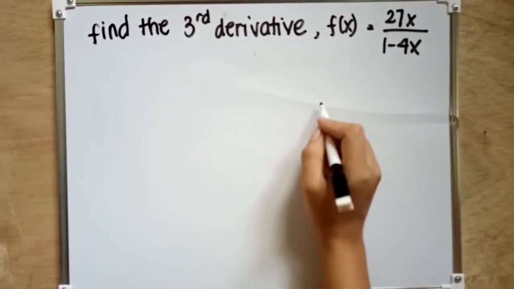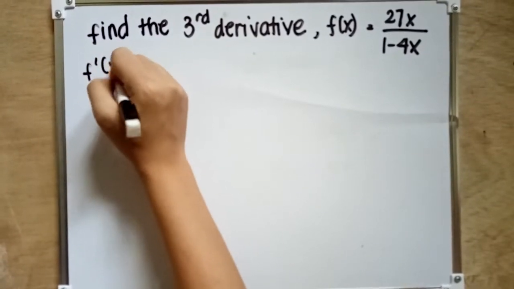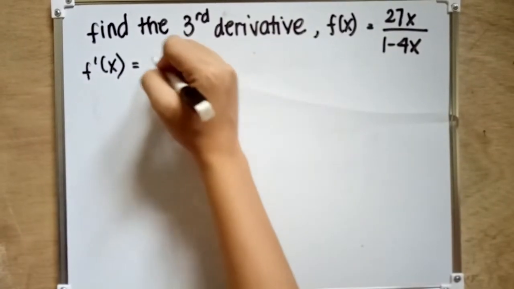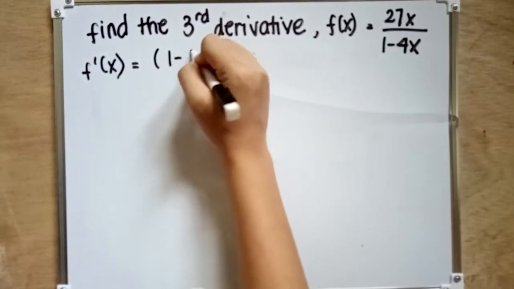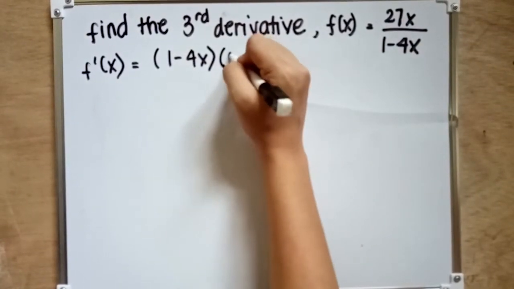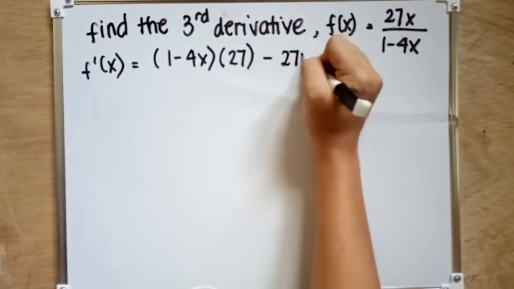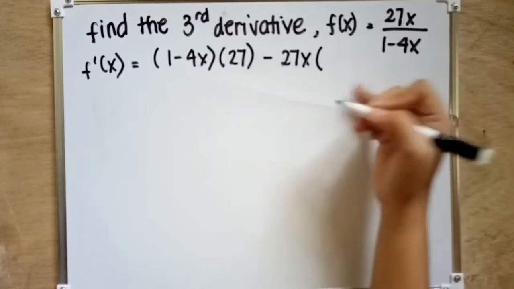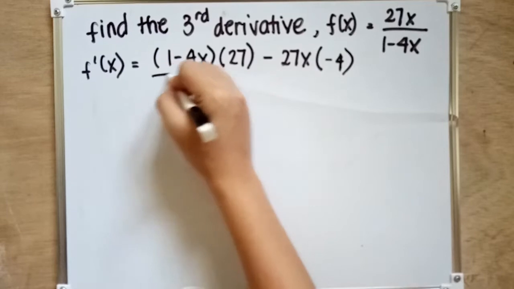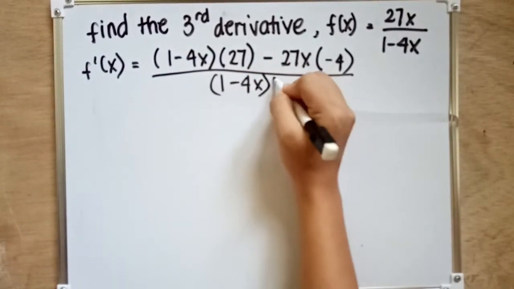First, get the first derivative of f of x. We get f prime of x. Then apply the quotient rule. We have 1 minus 4x times the derivative of the numerator minus 27x times the derivative of the denominator, which is negative 4, over 1 minus 4x squared.